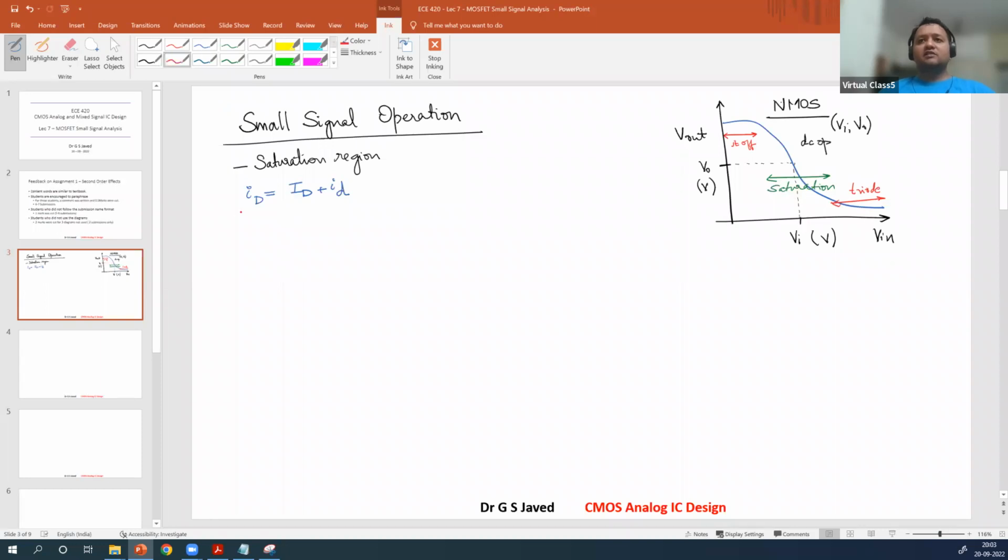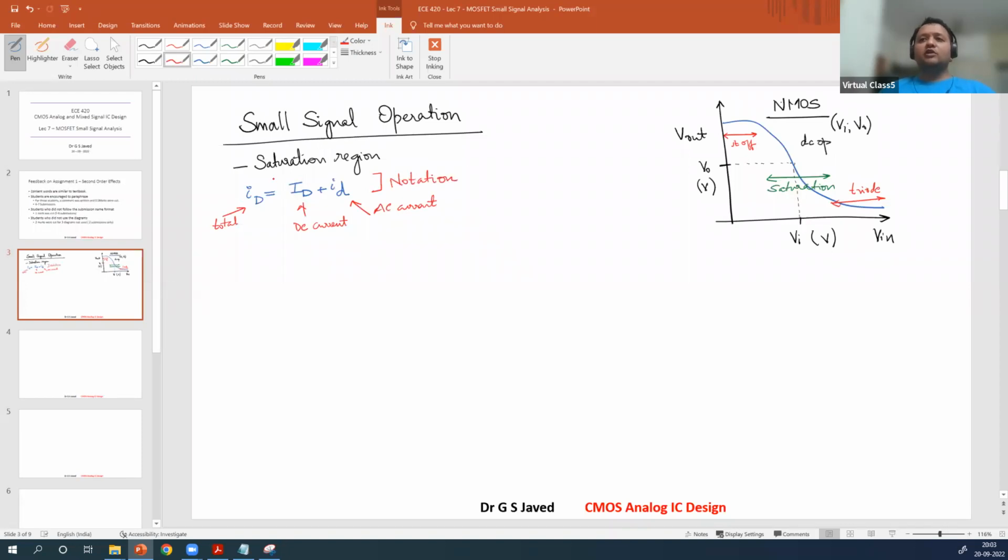So in this case, let us revise. This is the total current. This is going to be the DC current given in capital letters. This is the AC current given in small letters. So this is the notation that we will consistently follow.